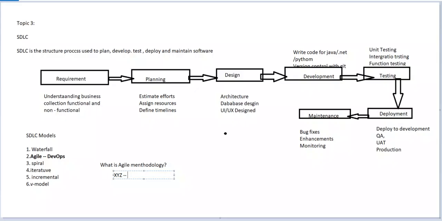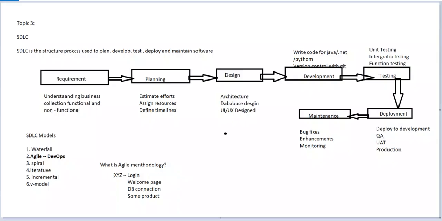The agile principles are customer collaboration, working software, responding to changes. If the website ABC needs a login, then a welcome page, then DB connection, we can implement it in iterations.